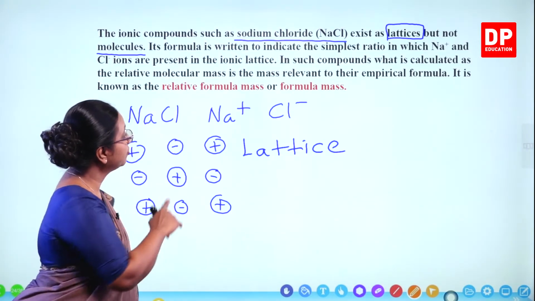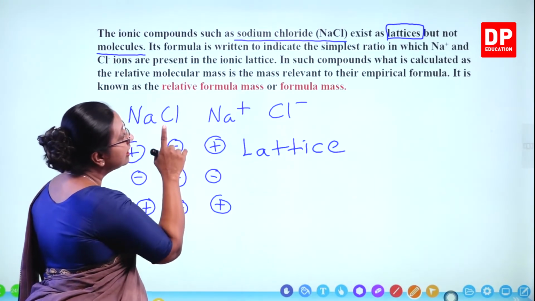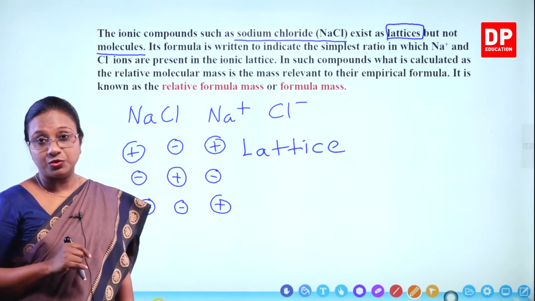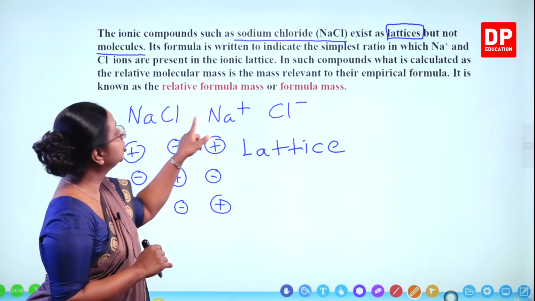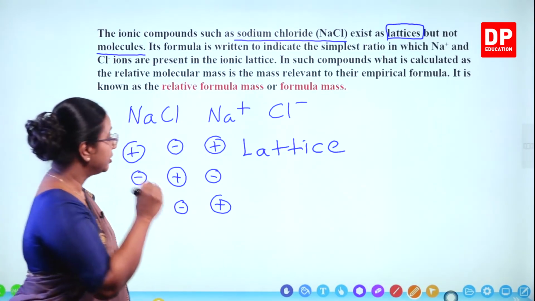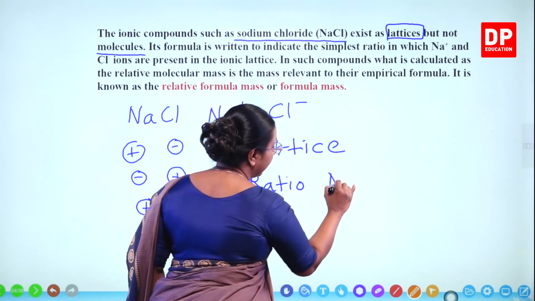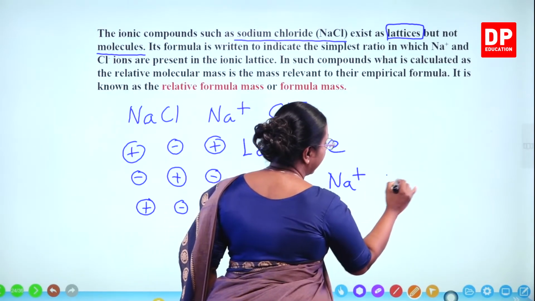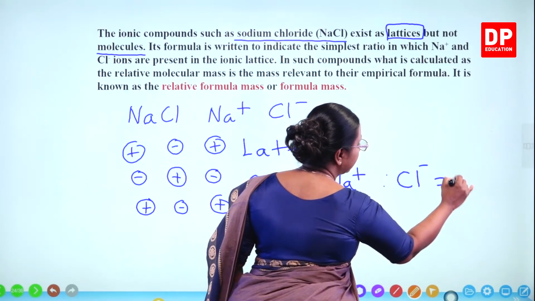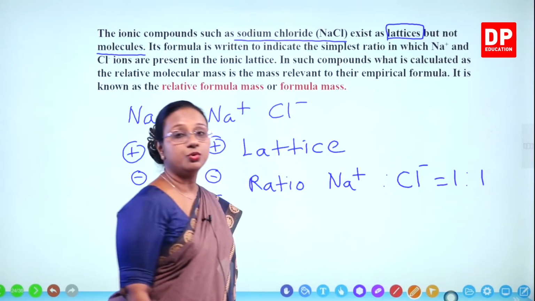So what they do is they write the simplest ratio between the two ions. The ratio between Na+ and Cl- is 1:1.